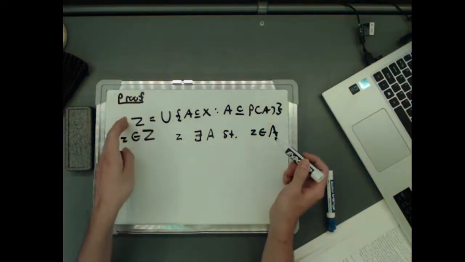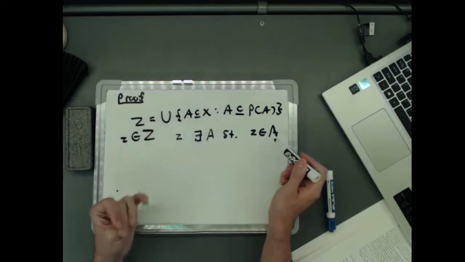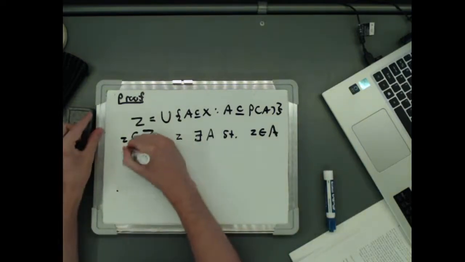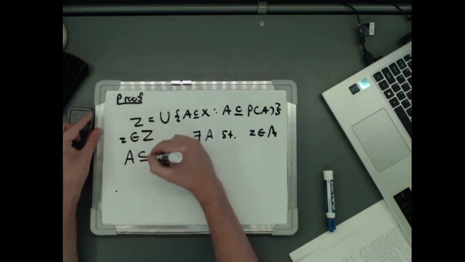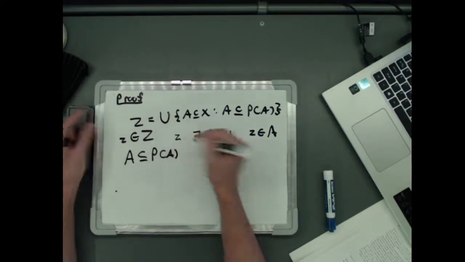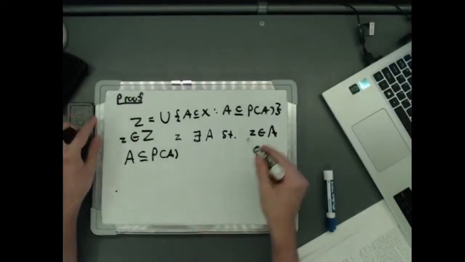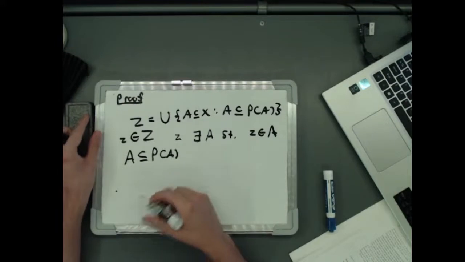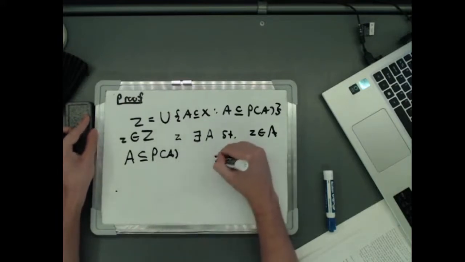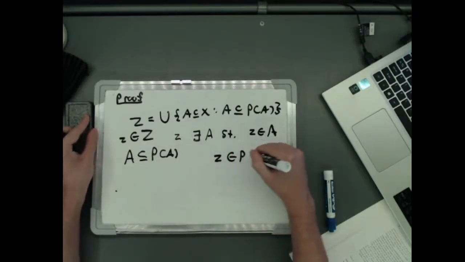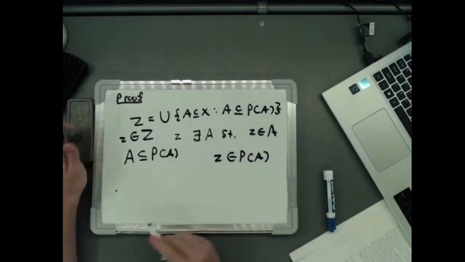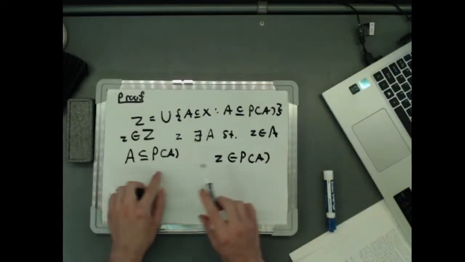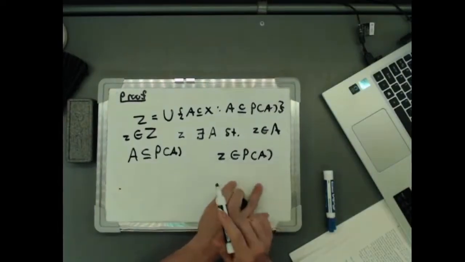That's just because Z is a union of all sets A, and A is a subset of P of A. You can take these two facts, stir them together to get z is inside P of A, because it's inside A and A is a subset, so z is inside P of A.